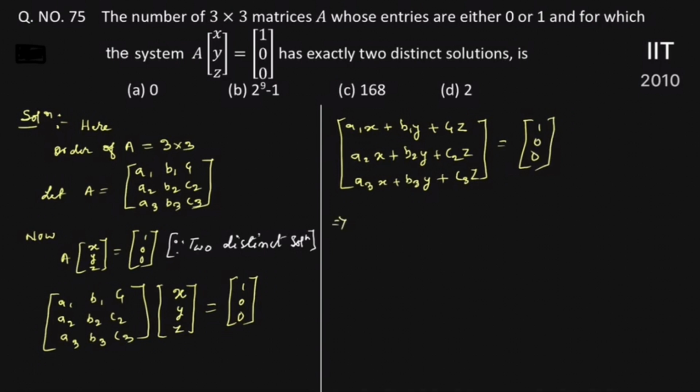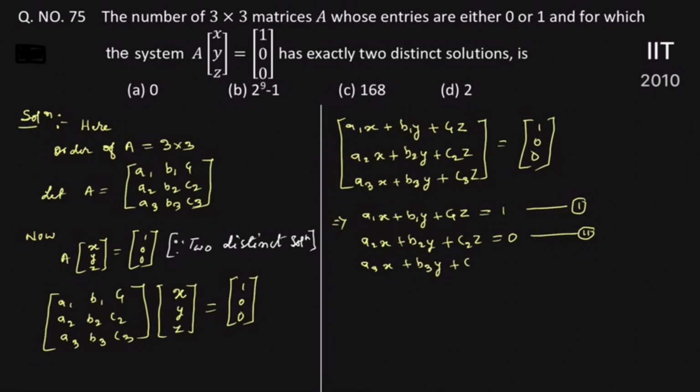This implies that we will get a1x plus b1y plus c1z equal to 1. We take that as equation number 1, and a2x plus b2y plus c2z equal to 0, that we take as equation number 2. And a3x plus b3y plus c3z equal to 0, and we take that as equation number 3.